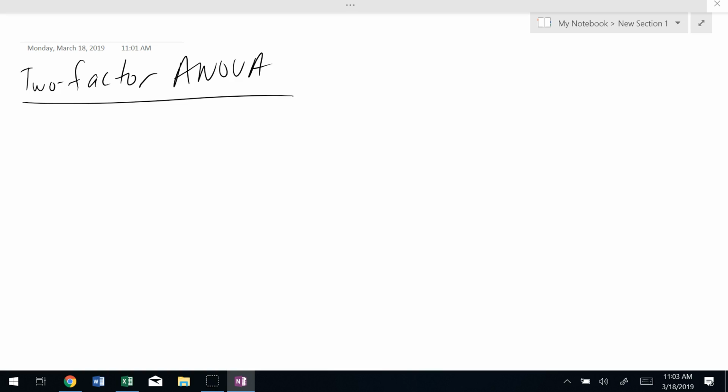Remember last time with the one-factor ANOVA, we were trying to determine whether a group of means were all the same or if at least one was different. That was the one-factor ANOVA, right?